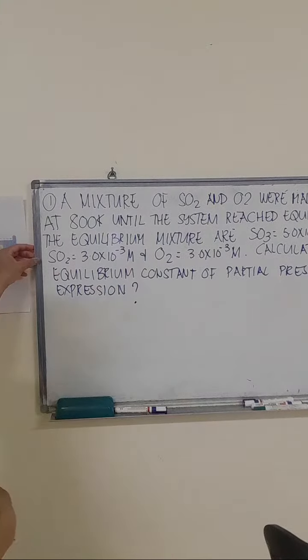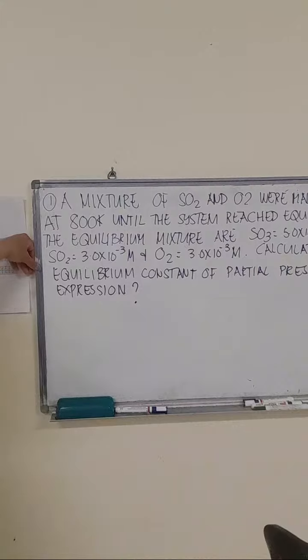The equilibrium mixture has sulfur trioxide equal to 5 times 10 to the negative 2 molarity, moles per liter, sulfur dioxide is 3 times 10 to the negative 3 moles per liter, and oxygen gas is 3 times 10 to the negative 3 molarity. Calculate the equilibrium constant of the partial pressure expression.